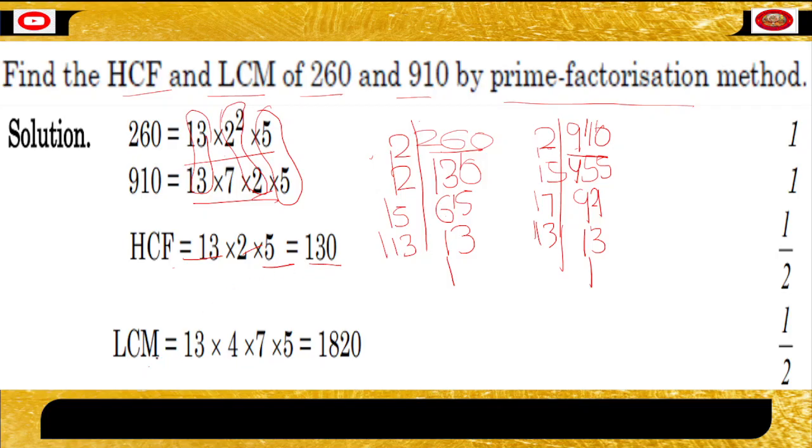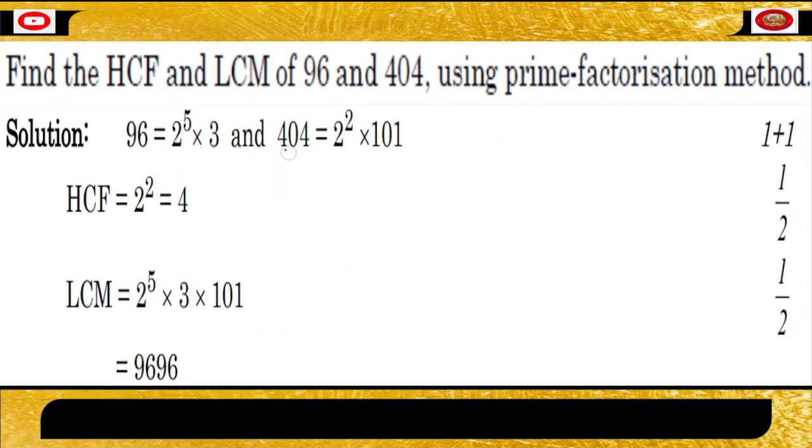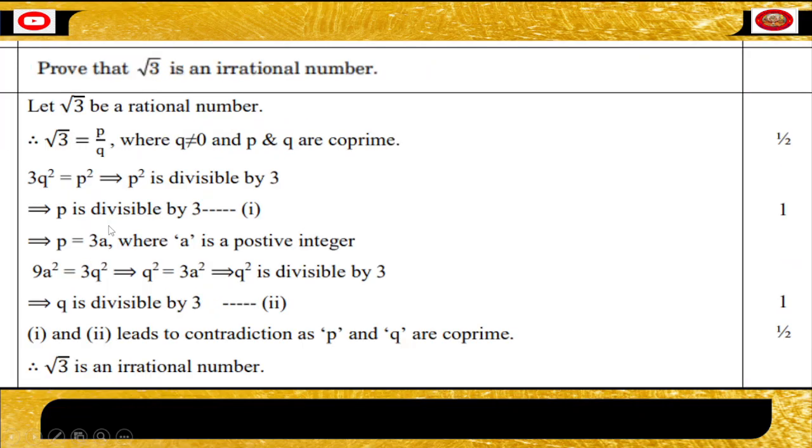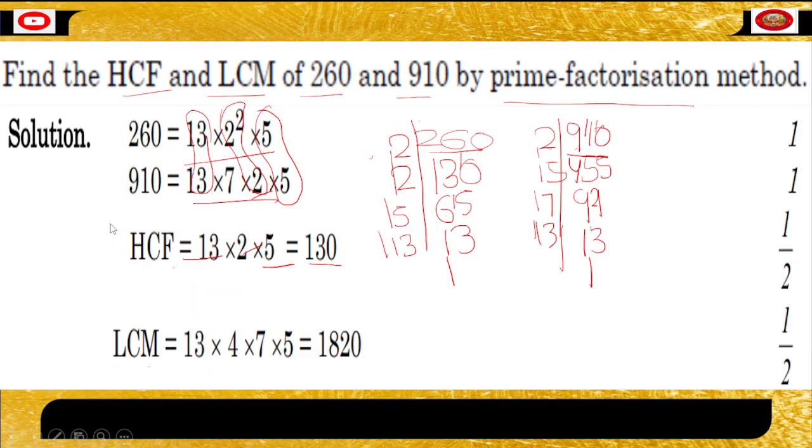Next is the LCM. LCM is common in both numbers and their highest power. In LCM, write the common numbers with their highest power, and also the others. Here is 13, write 13 here.